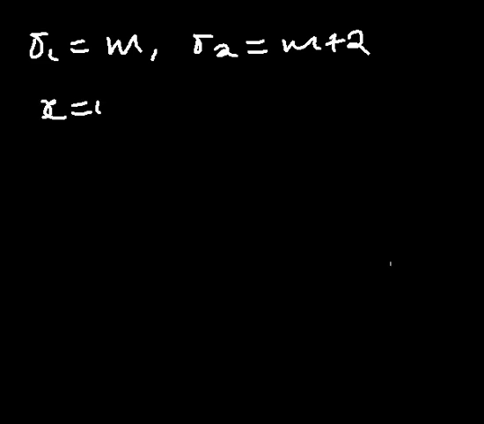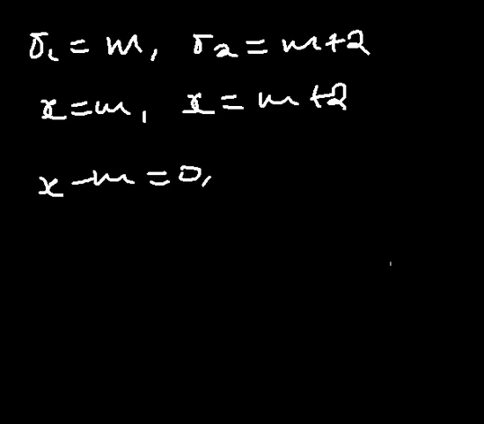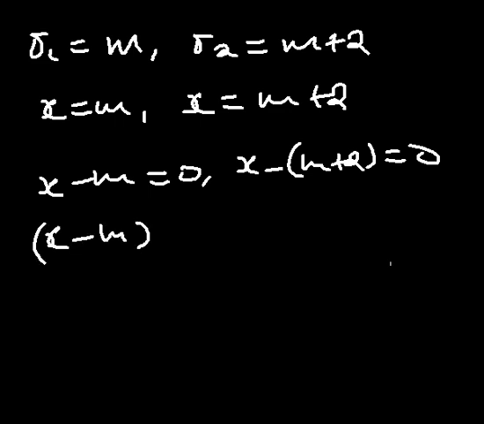So we have x is equal to m, and another x is equal to m plus 2. In that case, we'll have x minus m is equal to 0, and x minus m plus 2 is equal to 0, and of which you have it as x minus m times x minus m minus 2 is equal to 0.